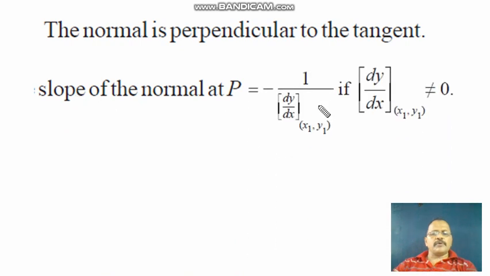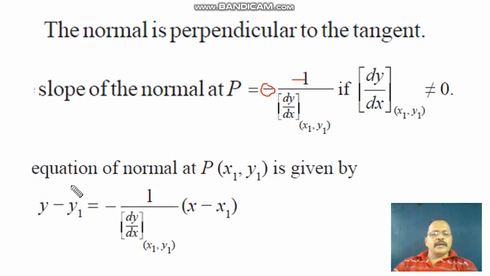Slope of normal at point P is minus 1 upon dy by dx at (x1, y1), provided that this dy by dx at (x1, y1) is non-zero. And therefore the equation of normal at P (x1, y1) is given by y minus y1 is equal to minus 1 upon dy by dx at (x1, y1) into x minus x1.